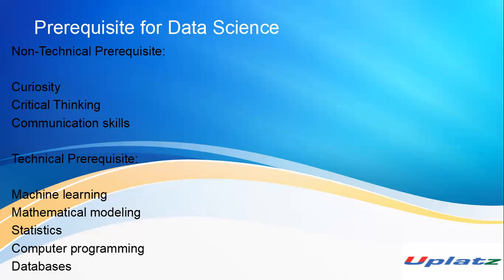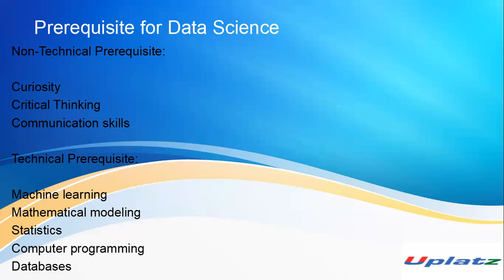Then what are the technical skills? These are common: machine learning. To understand data science, you need to understand the concepts of machine learning well. Data science uses machine learning algorithms to solve different types of problems.